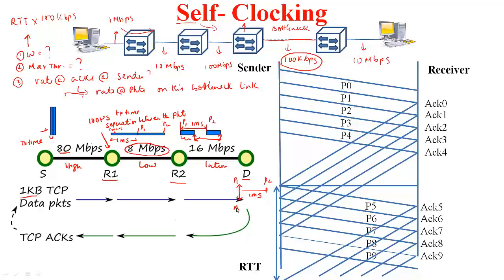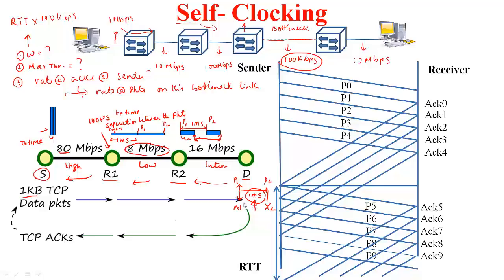If it were to generate acknowledgement 1 and acknowledgement 2, and let's assume these acknowledgement packets are really small in size, so their transmission time is negligible, as these acknowledgements go back, they are going to preserve this timing. So the sender is going to know what the bottleneck bandwidth is based on this timing.